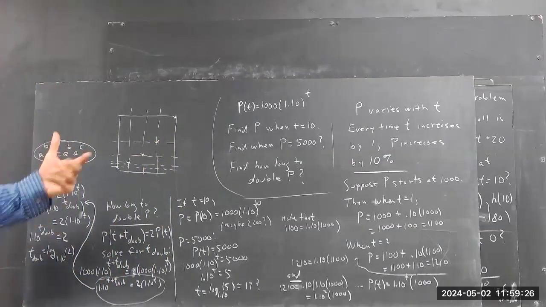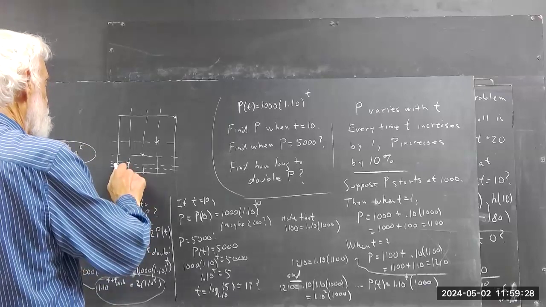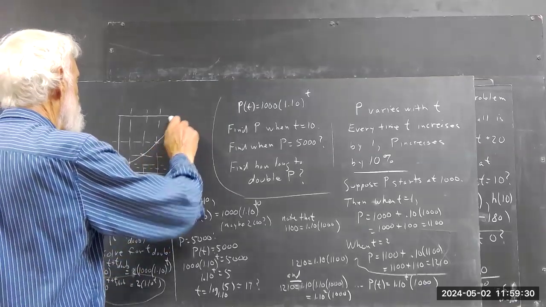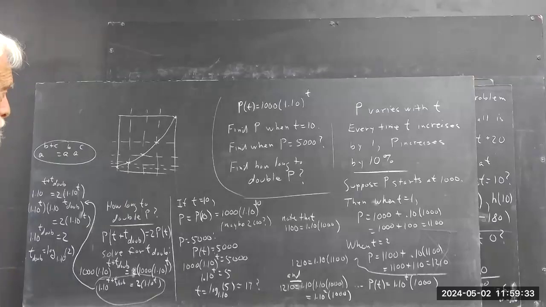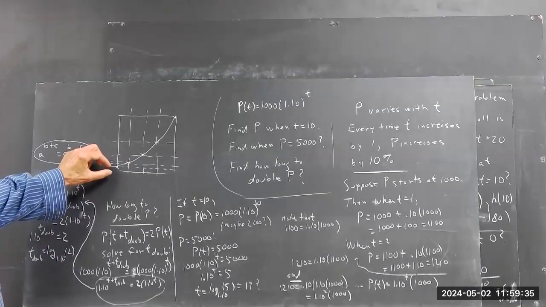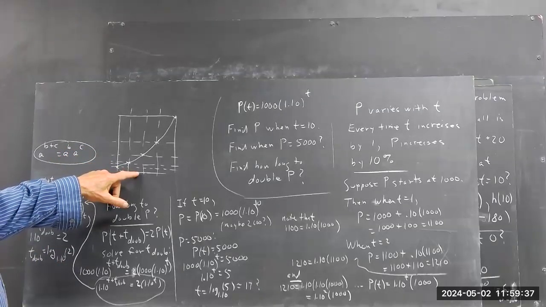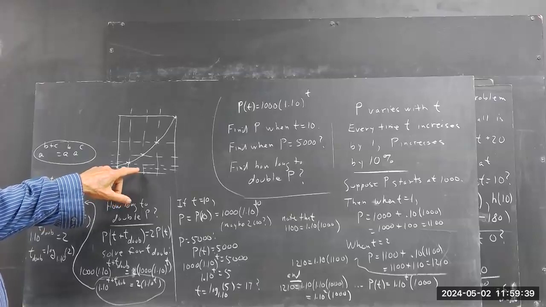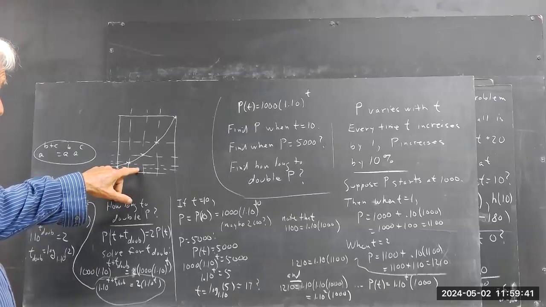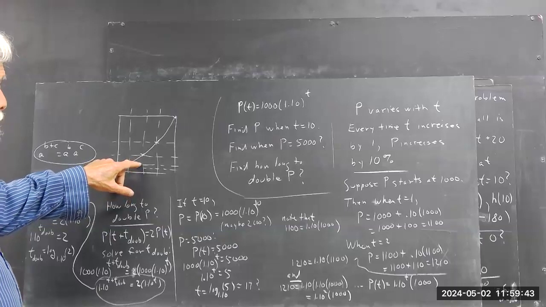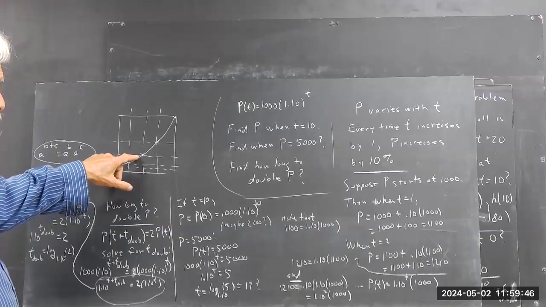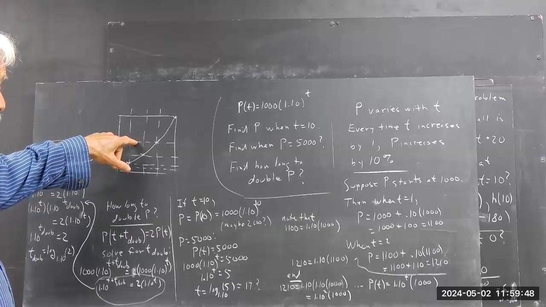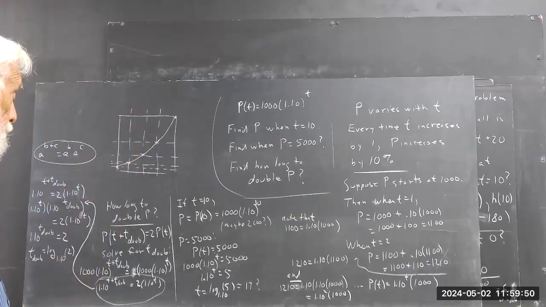Now, you know from the construction of this graph that each of these lines, starting from the lowest construction line, the next construction line is twice as high as that one, the next is twice as high as that, and the next is twice as high as that.